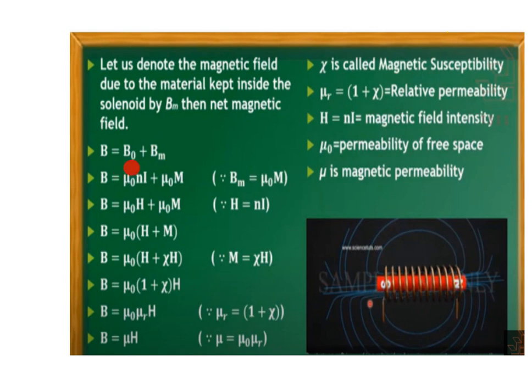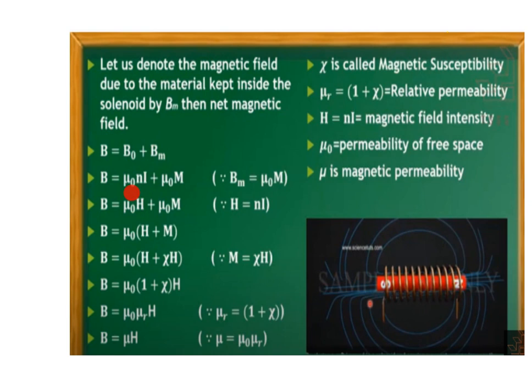So we know that B is equal to B naught plus Bm. What is the value of B naught? Mu naught N into I. What is N? N is the number of turns per unit length. I is the current. Mu naught is the permeability of free space.